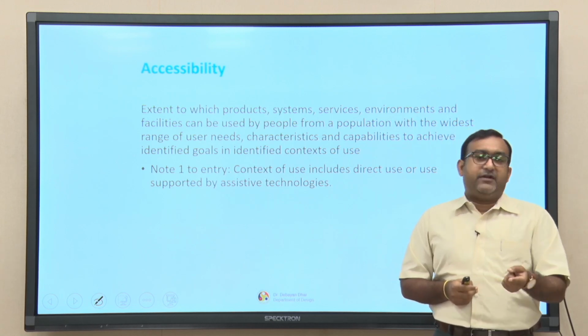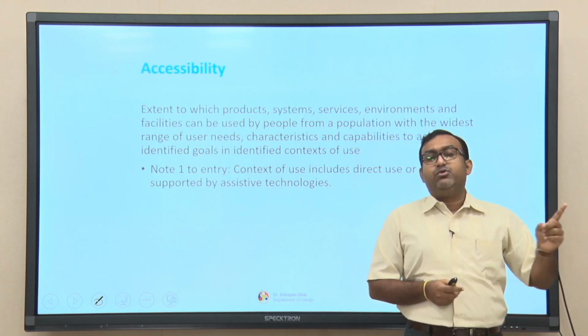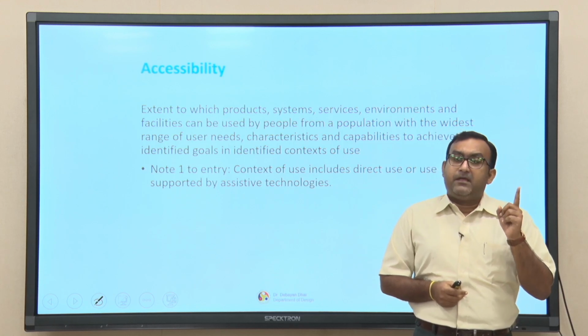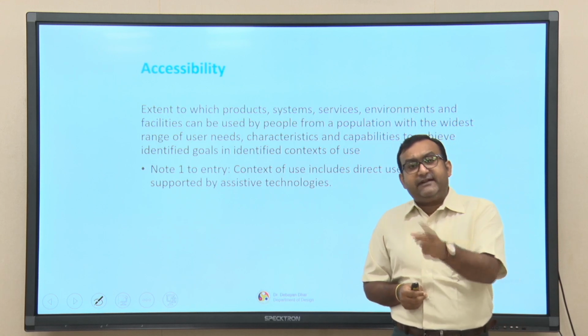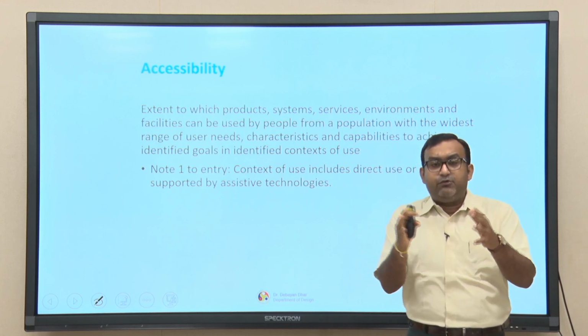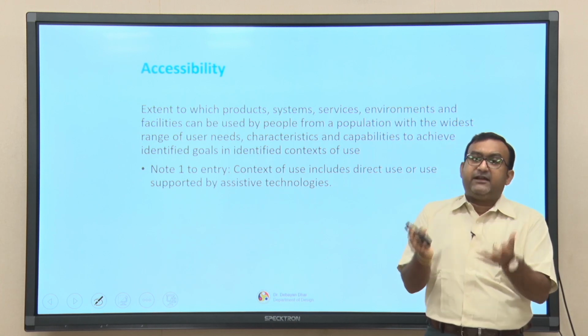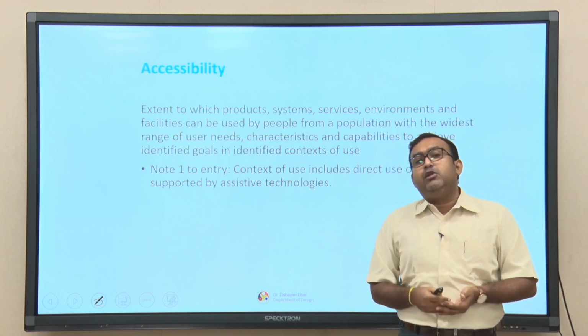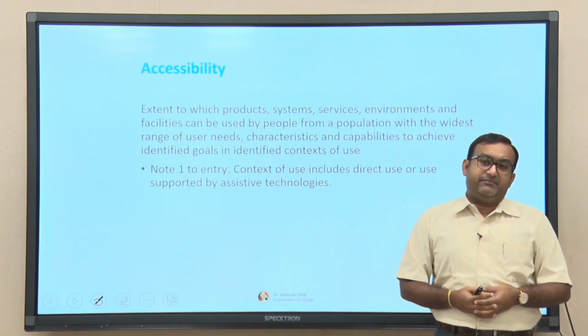It is imperative for us as designers to ensure that we do not exclude these groups of people who would otherwise get affected, because if you do not design your system based on the specific requirements they have, they will not be able to reach the objectives they require.